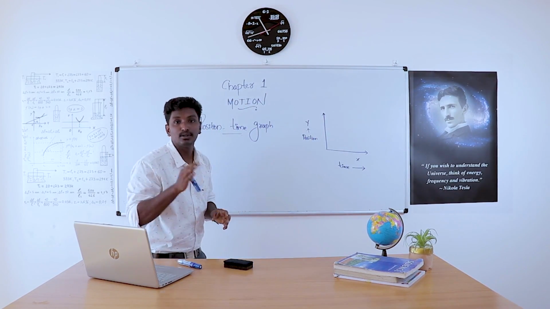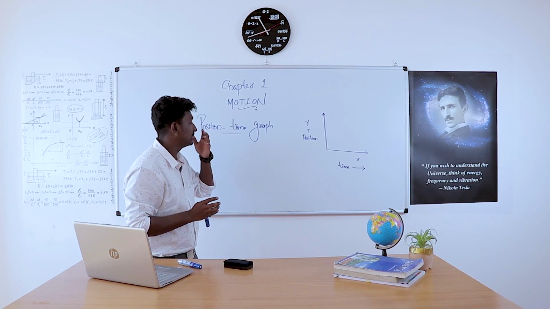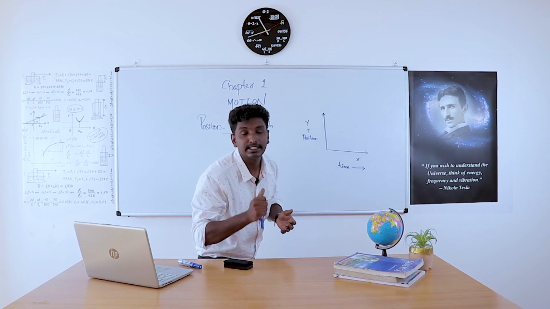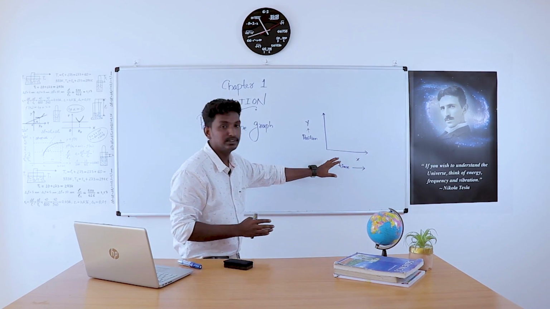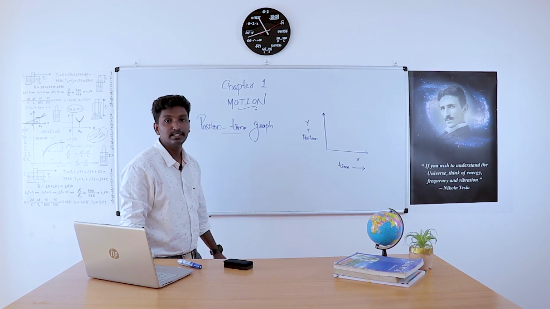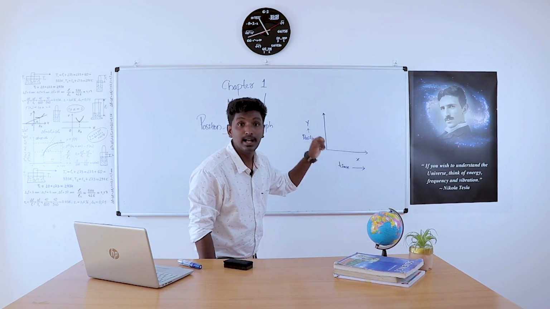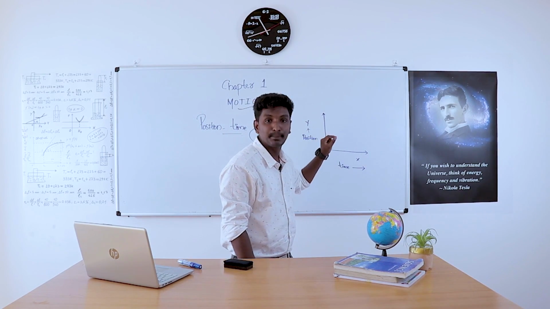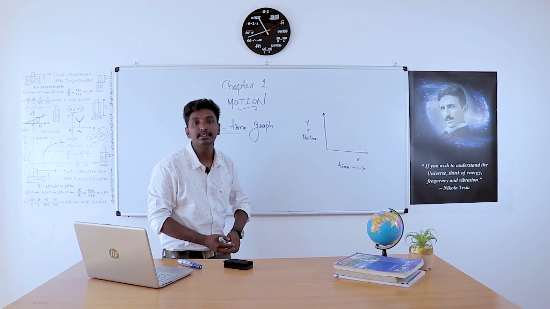The reference quantity is marked in the x-axis. In motion, we already said that the reference quantity is time. On the basis of time, we are explaining all terms related to motion. Therefore, here also the reference quantity is time, and that is why I am representing time in the x-axis and position in the y-axis.